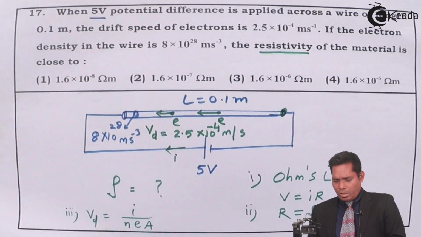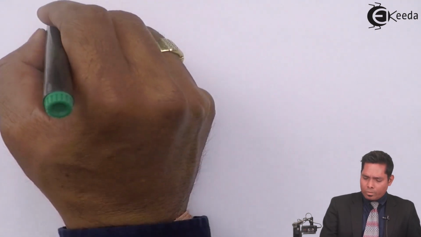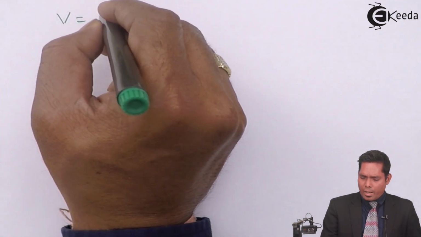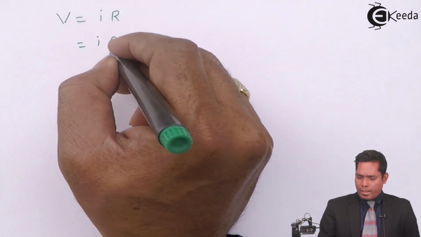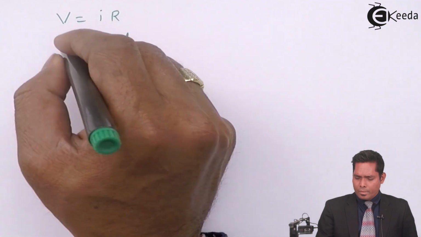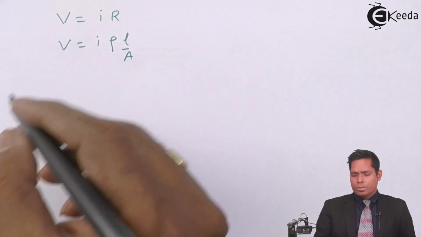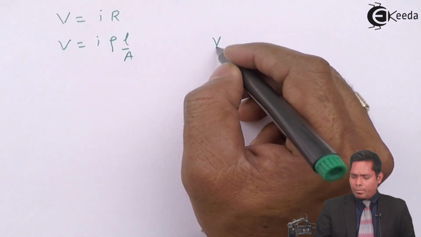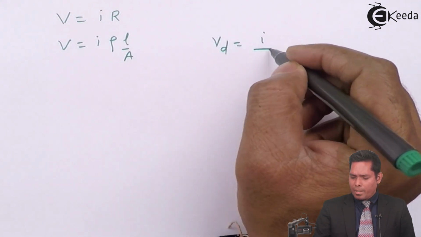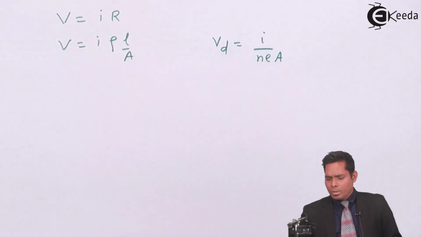So let us proceed. V equals IR, R is rho L by A, this is the potential difference, but we know that the drift velocity is I by NeA.